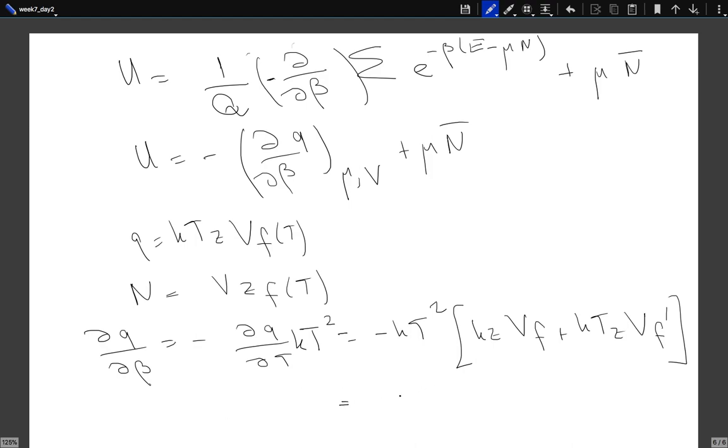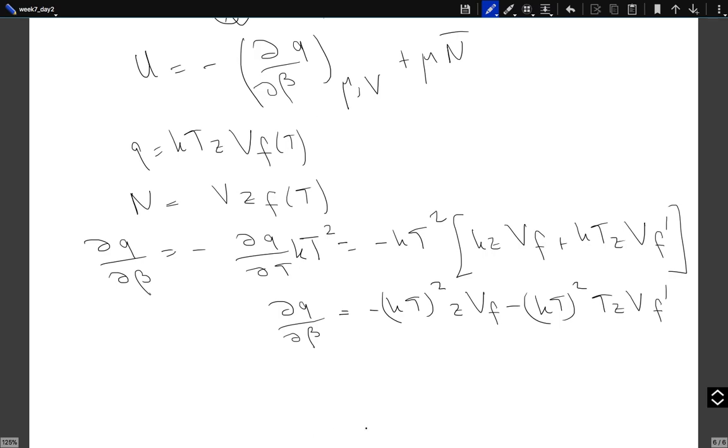This is equal to minus KT squared ZVF minus KT squared times TZVF prime. And just substitute back both this derivative and the n, you get U.